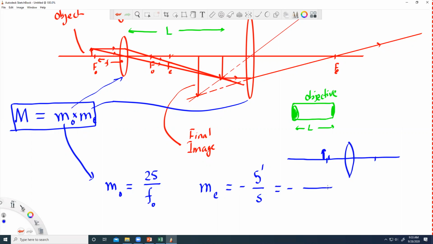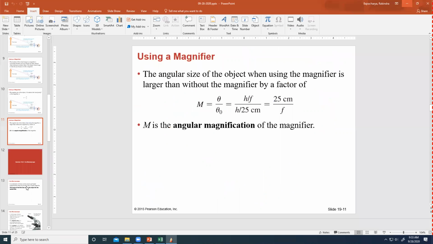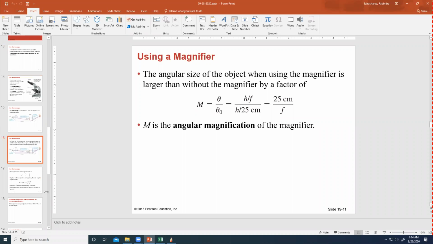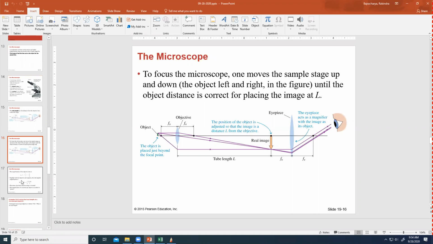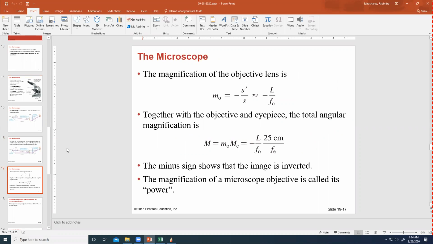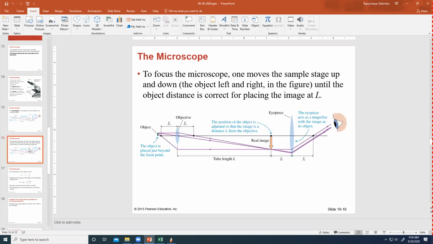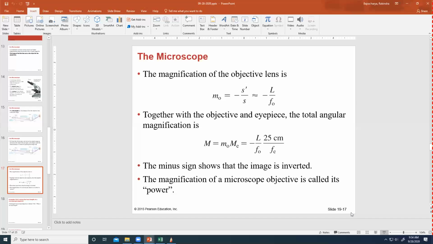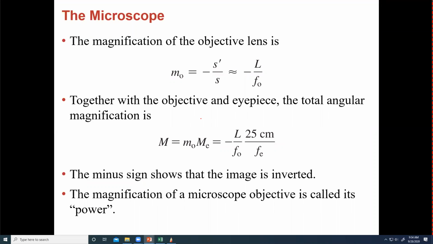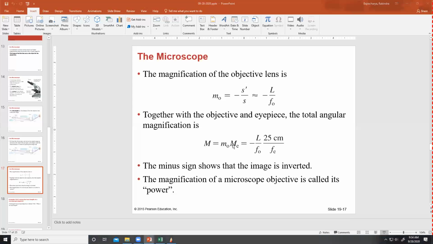Usually, if I didn't draw it perfectly here, let me show you another picture. Okay, it's the eyepiece here.